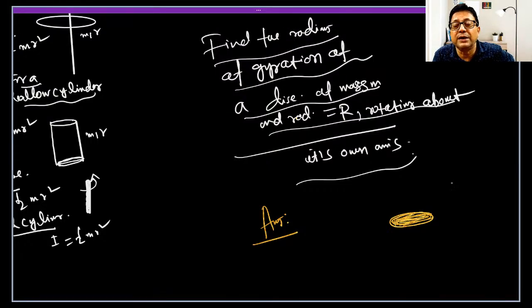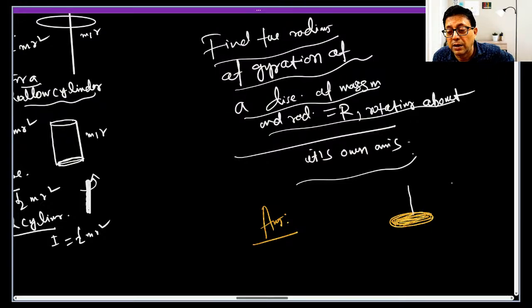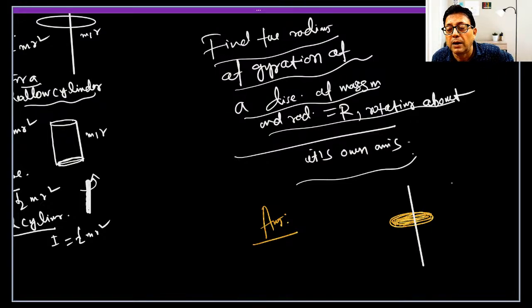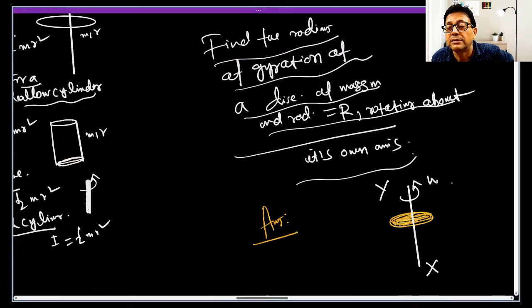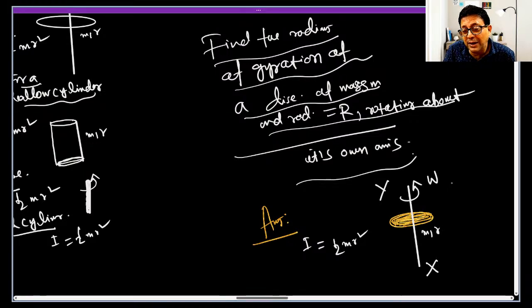This is rotating about the axis xy. Its moment of inertia, you know, that is I equal to what? Half m r square. It has mass m and radius r.